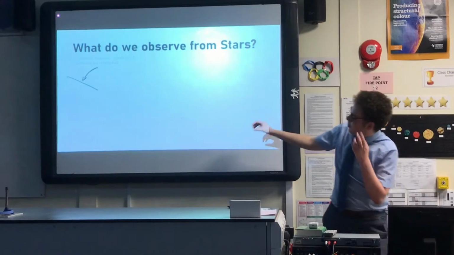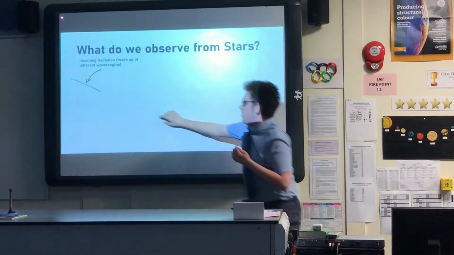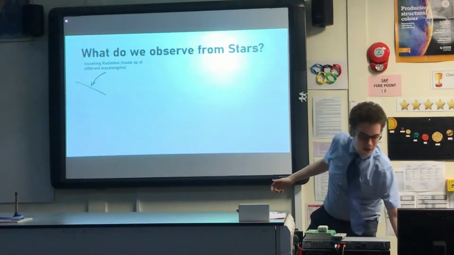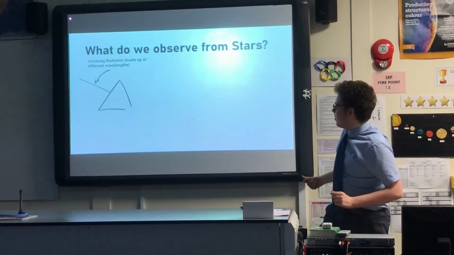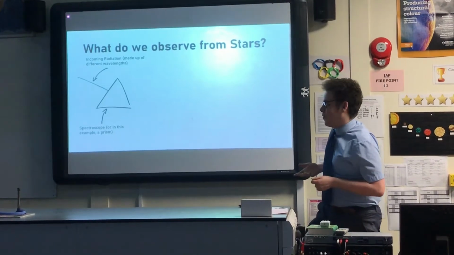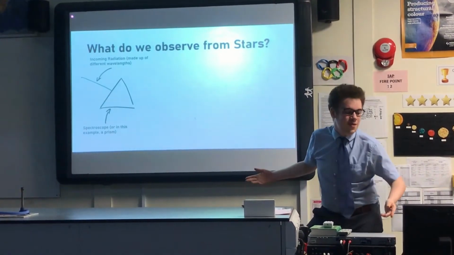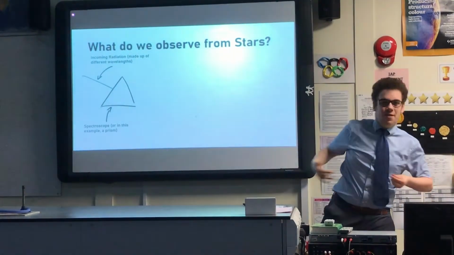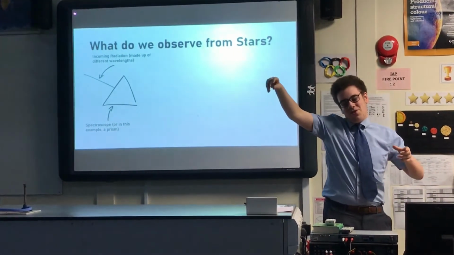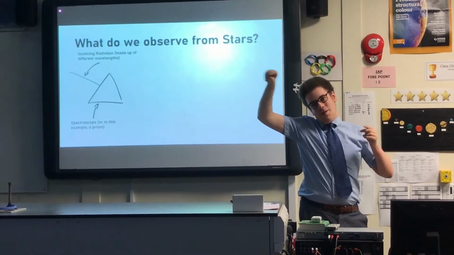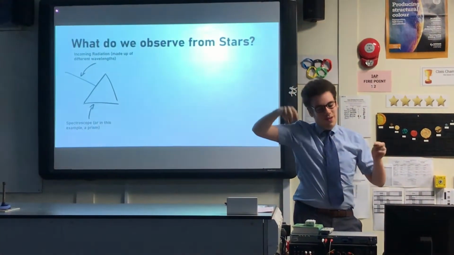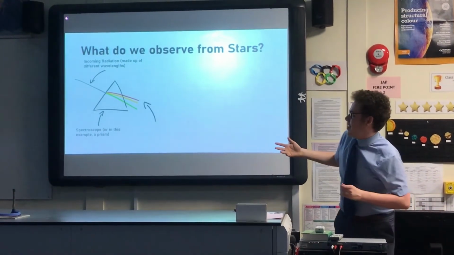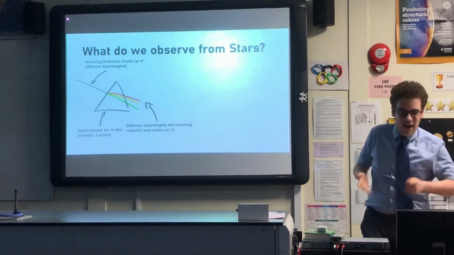So, in comes our radiation from a star, and this is made up of different wavelengths. Then we can use something called a spectroscope, or in this example, a prism. Since I'm giving the example of optical light, if you ever put some light through a prism, then you know what's about to happen: this light is split into the different wavelengths that it was made out of.